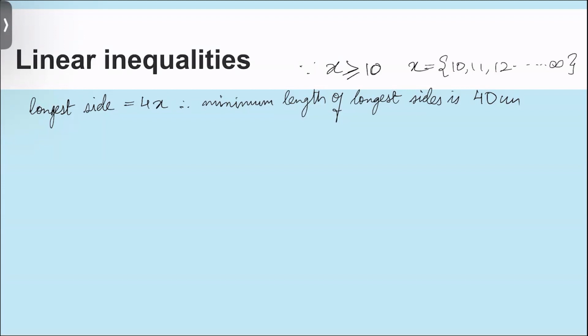Now the third side: the condition that we had was that it is 3 centimeters shorter than the longest side, so 4x minus 3.